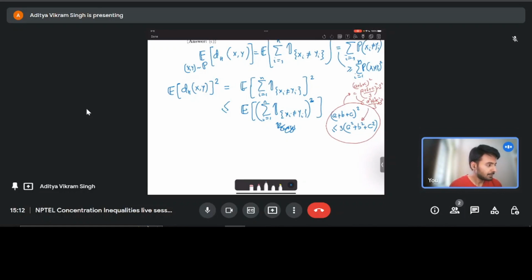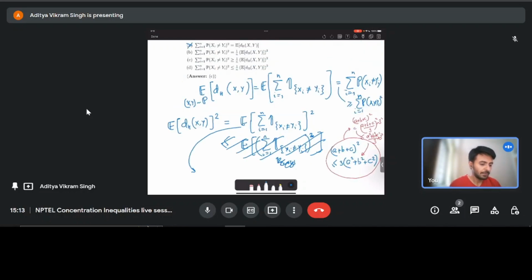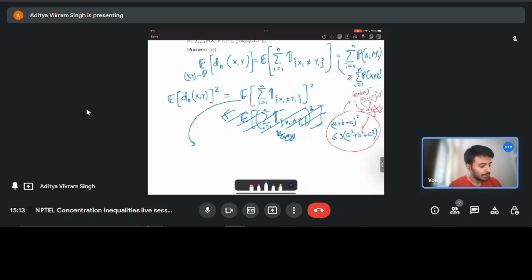So let's apply this here. Since we want this probability that Xi not equal to Yi, the whole square, in all the options, this is basically the sum over i equals 1 to n of the probability that Xi not equal to Yi, and the entire thing squared.